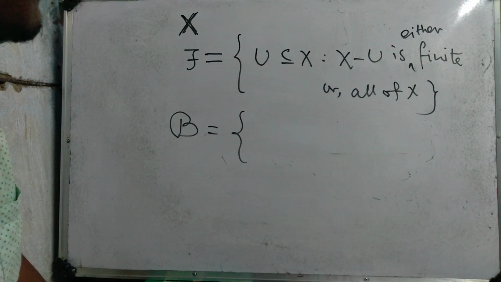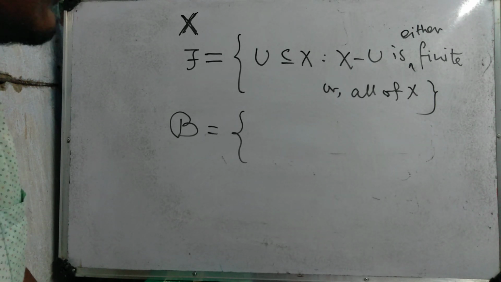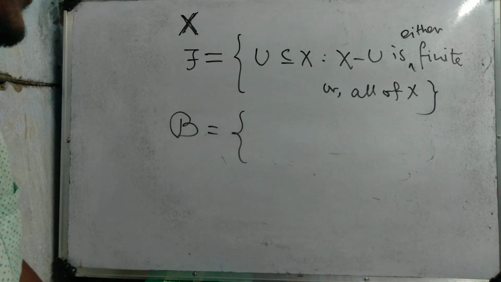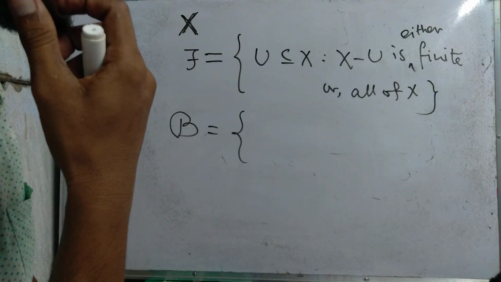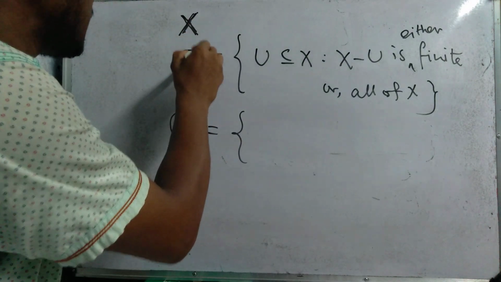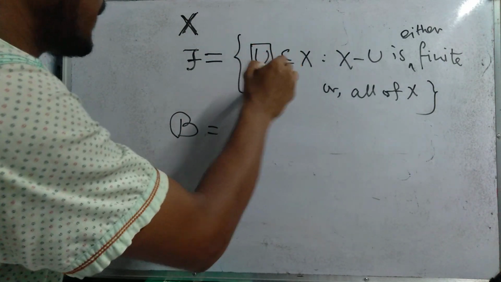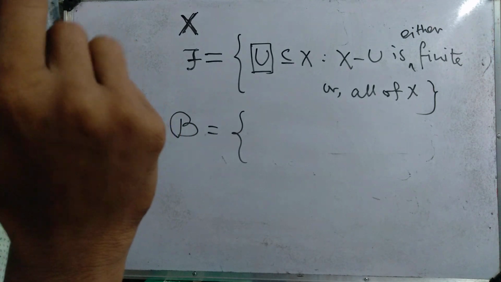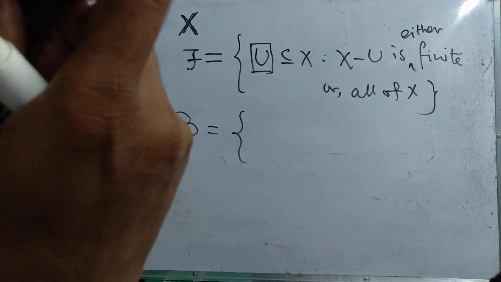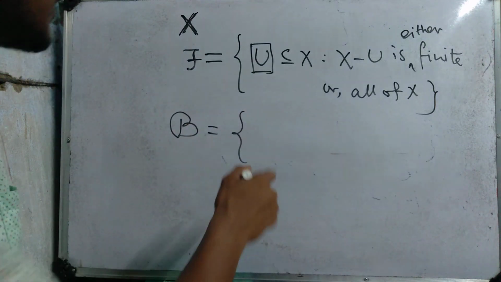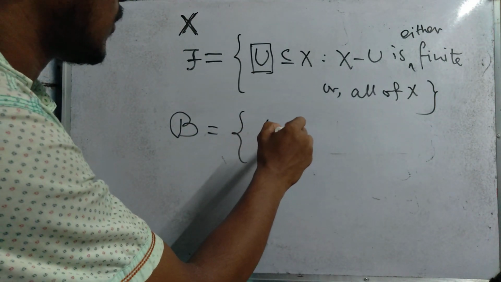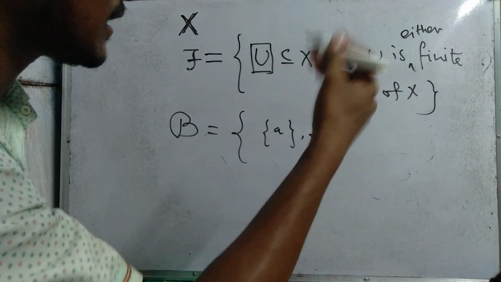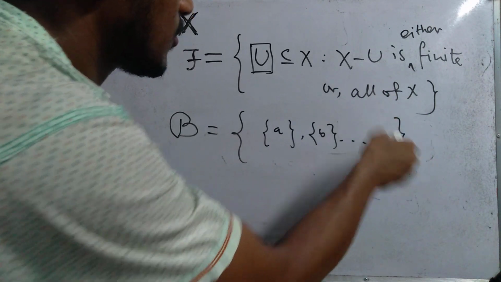So which elements contain all elements of x? Here tau must be an infinite subset of x. That means x must be infinite. So here basis elements are all singletons, all elements of x.